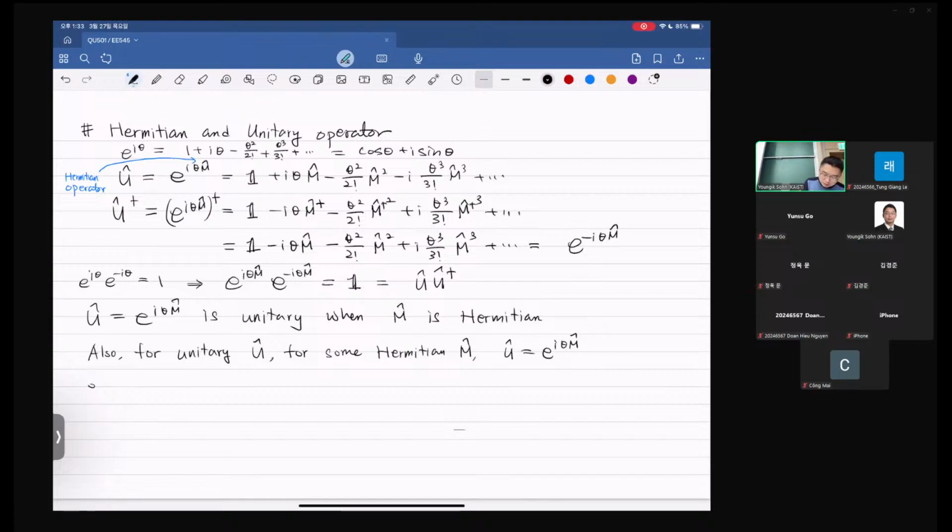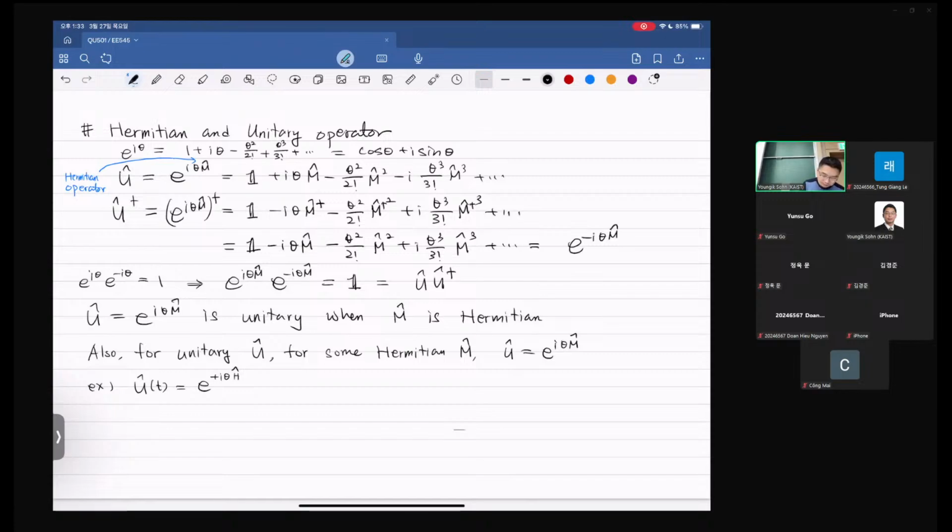The most prominent example of such a thing, which we have learned, is the time propagator and the Hamiltonian. The Hamiltonian corresponds to energy, so it's Hermitian.